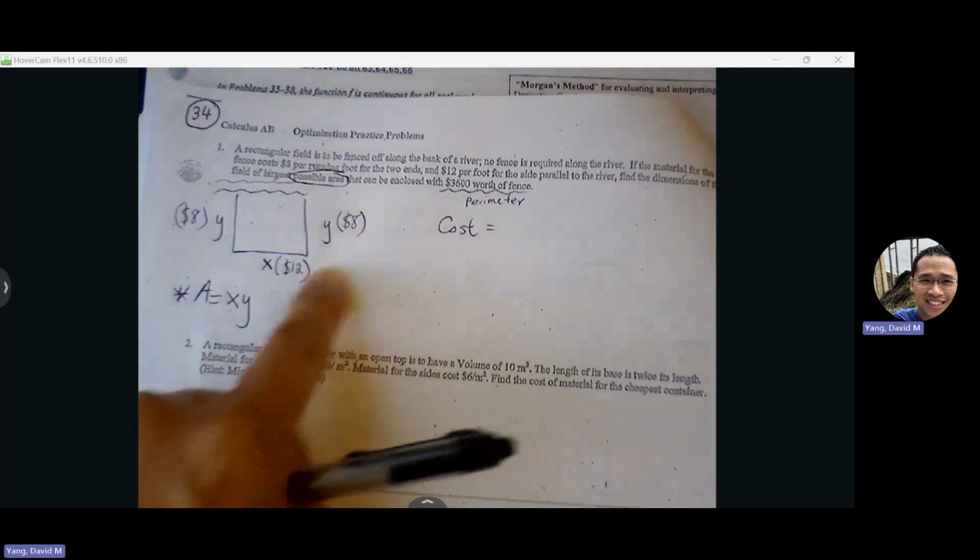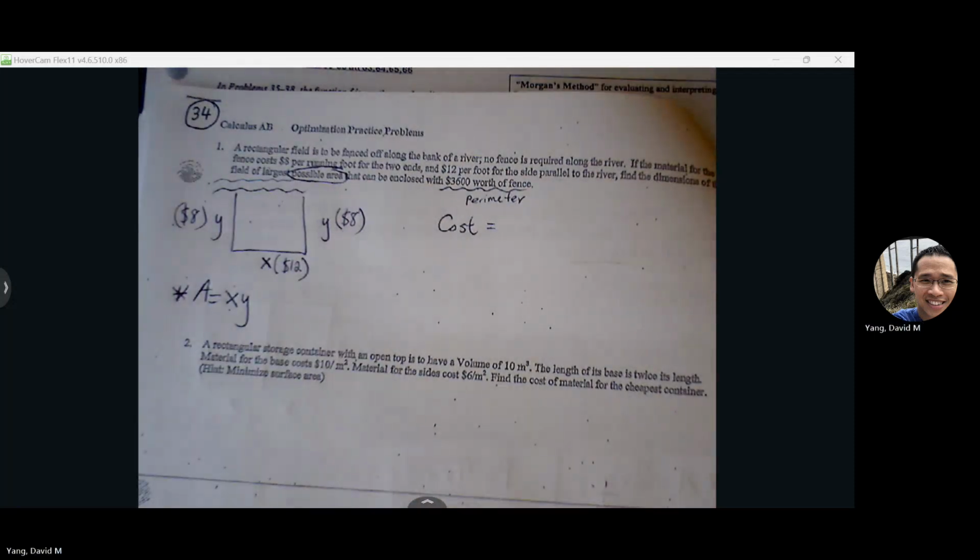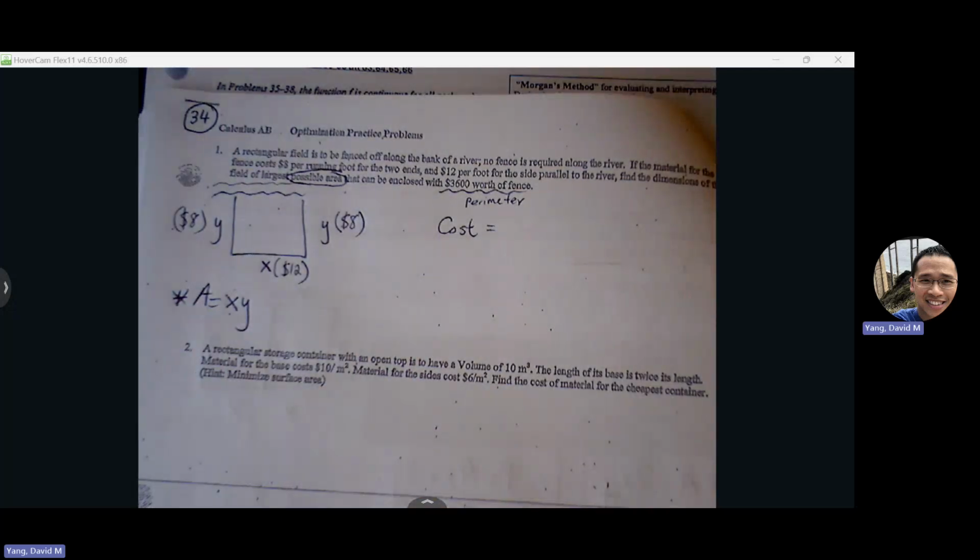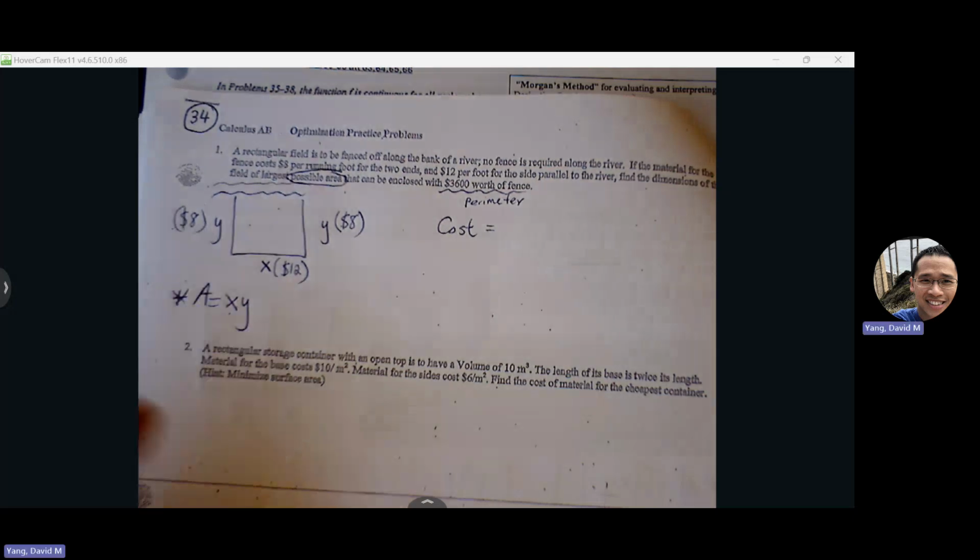If I add up all this together, what will I get? Okay, X plus 2Y, but I want to involve the amount into the side lengths. So this will be what? 12X, okay.